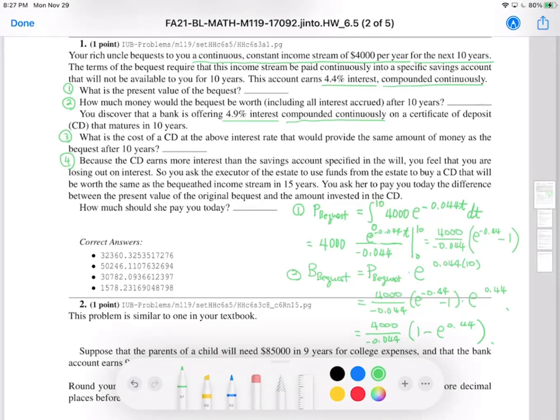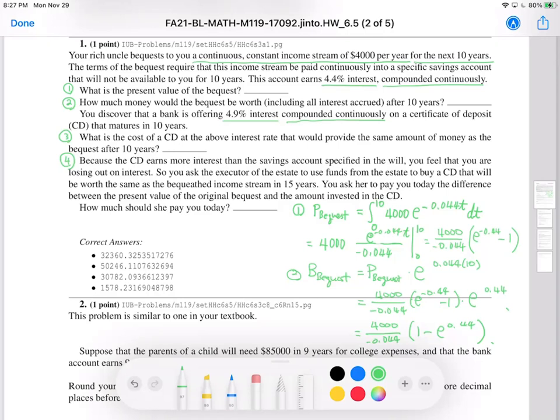Then what is the cost of the CD, which means that this is the present value of the CD. Okay, one second.